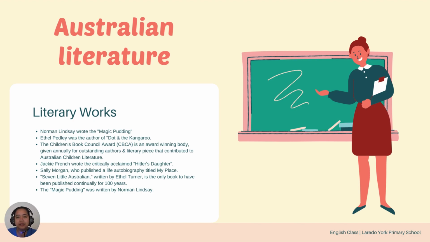Actually, different countries have their own different awards. However, we also have international awards in terms of literary works. We also have Jackie French, who wrote Hitler's Daughter, Sally Morgan, who wrote My Place, and Ethel Turner, who wrote Seven Little Australians.